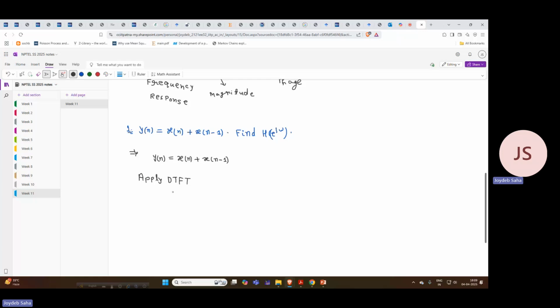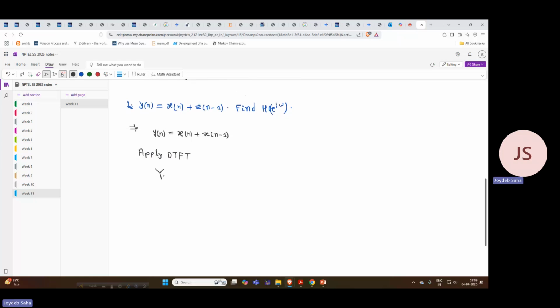Fine. So applying DTFT, we will get Y of e to the power j omega is equal to X of e to the power j omega plus e to the power minus j omega X of e to the power j omega. Fine.